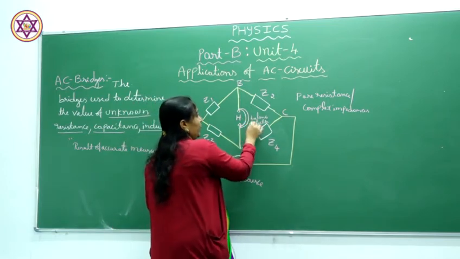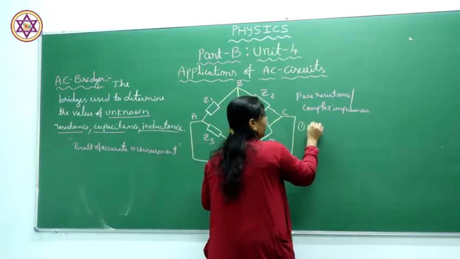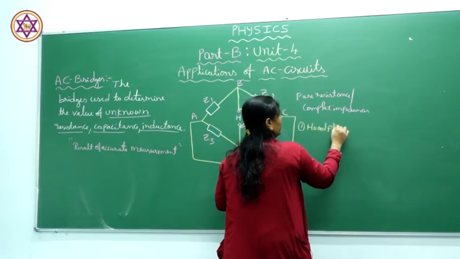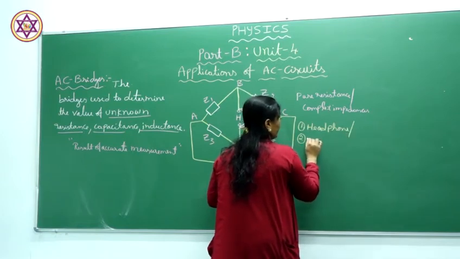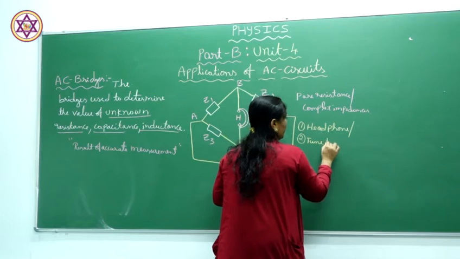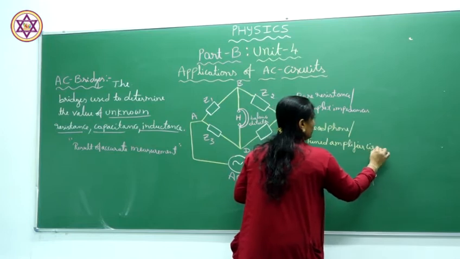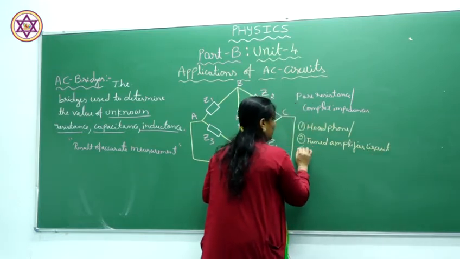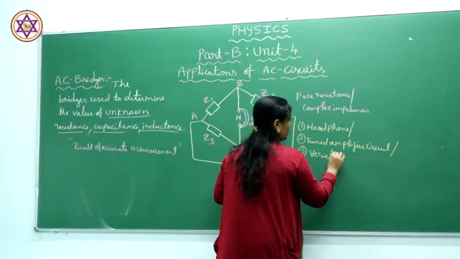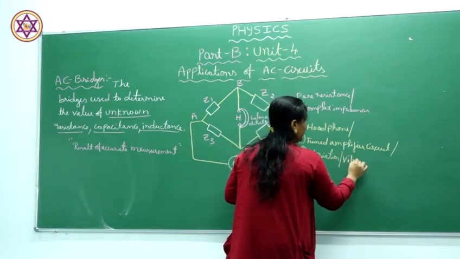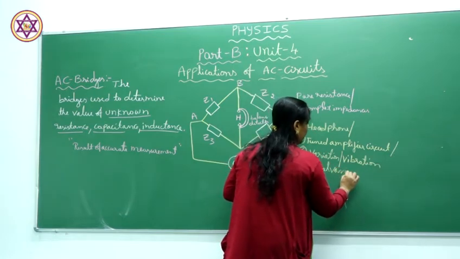In the balance detector, the commonly used detectors are a headphone, or a tuned amplifier circuit, or a vibration galvanometer.